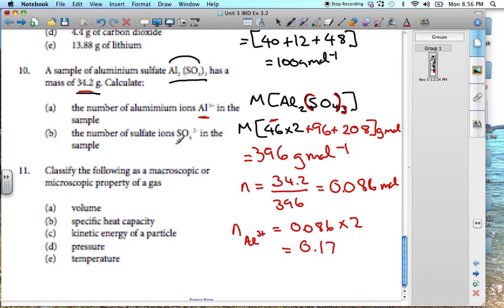And the number of moles of sulfate ions, 2 minus, is going to be 0.086, and we see that there's 3 of them for every molecule, so I times it by 3, and I'll get about 0.258 mole.